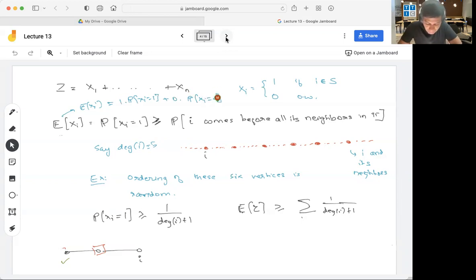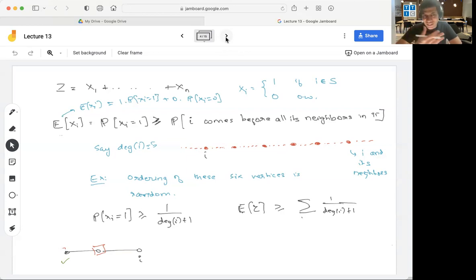Right. And in general, I also tried to emphasize this earlier, and let me say it again. It's a very useful fact to remember that when you have a variable which takes values 0 or 1, its expectation is equal to the probability it's 1. Expectations obey linearity of expectation.